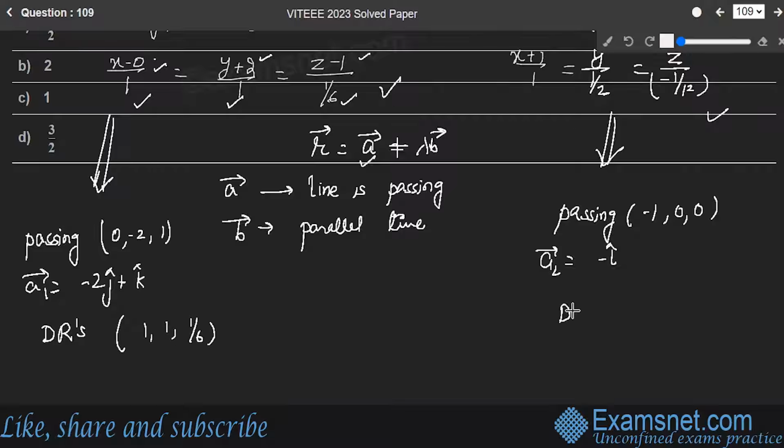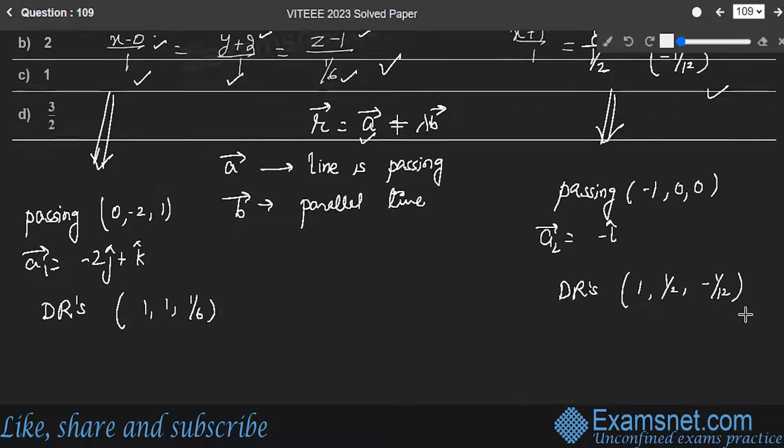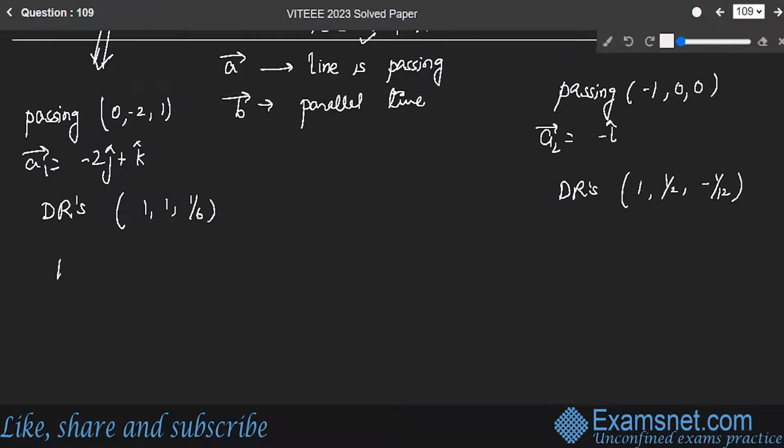For this one, the direction ratios are 1, 1 by 2, minus 1 by 12. These are direction ratios. So therefore, the B vector in this case will be equal to i plus j plus 1 by 6 k. Let's say this is B1. B2 is given by i plus 1 by 2 j minus 1 by 12 k.